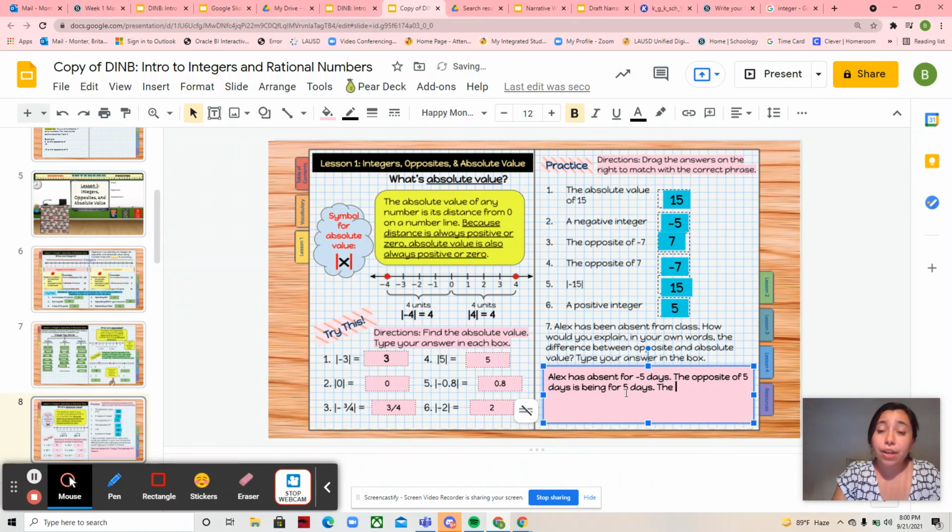The absolute value is 5, because if we were going to go on a number line, that would be 5 away from 0, no matter what. So you're just kind of giving me an example of what absolute value is and what opposite value is, okay? So that's kind of the big idea when it comes to lesson 1, all right?